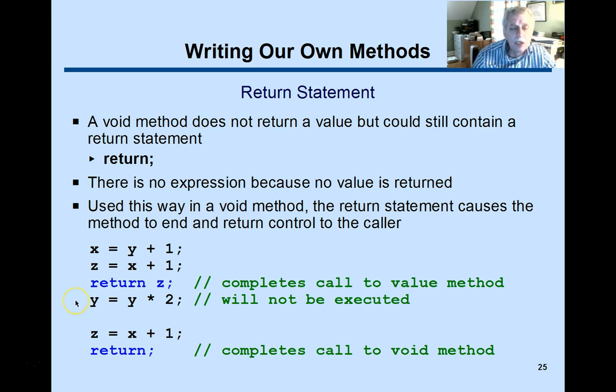This last assignment statement could never be executed. The code is unreachable. And the compiler will quite nicely bring that to your attention. It says it doesn't like that. The code cannot be reached. So keep in mind the behavior of the return statement. And I think that is probably a satisfactory introduction to get you started with writing methods.